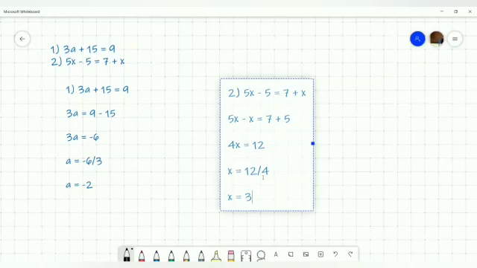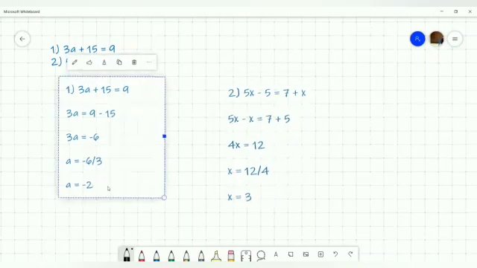So these are the examples. The first example was solving the linear equation with one variable, where the variable is present only on one side. This can be on the left hand side or it can be on the right hand side also. If it is on the right hand side, let me show you.